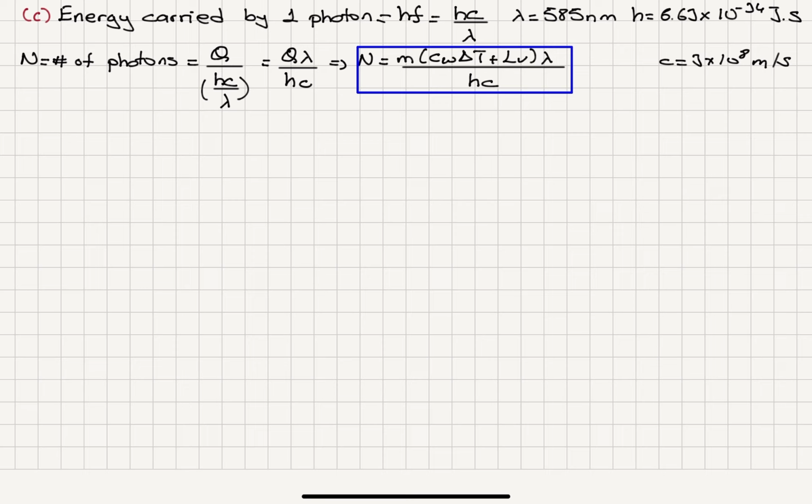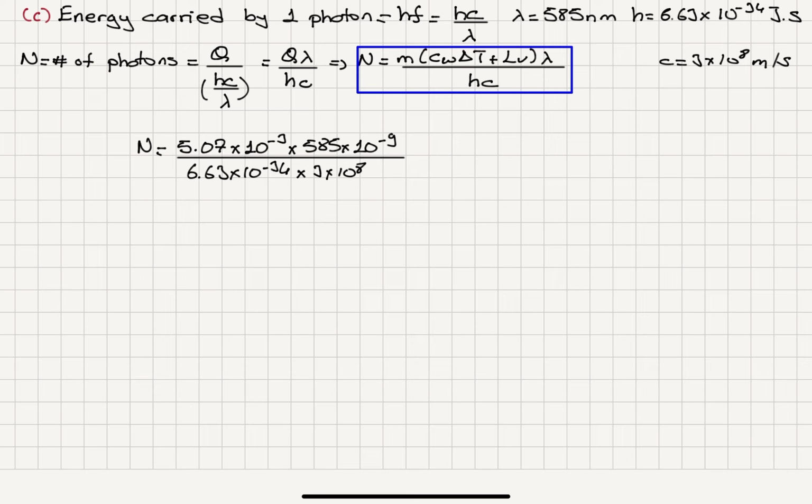If we plug in the numbers here, capital N is equal to the heat we provide, 5.07 times 10 to minus 3 joules, times the wavelength, 585 nanometers, divided by the hc product, 6.63 times 10 to minus 34, multiplied with 3 times 10 to 8.